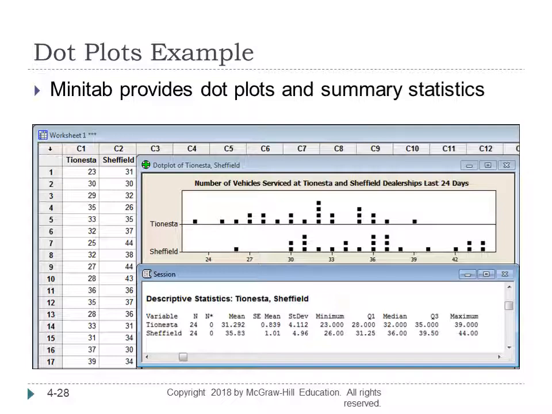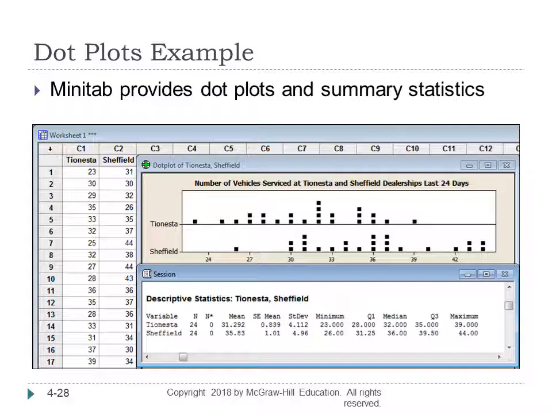One thing recorded here is the number of observations. It is 24 for both locations. Also, the mean for each location is listed, so you can compare that. For this example, the mean number of cars serviced for Tainusta is 31.292. For Sheffield, it is 35.83.